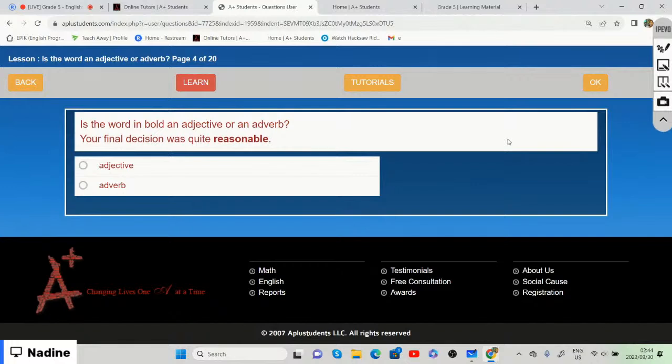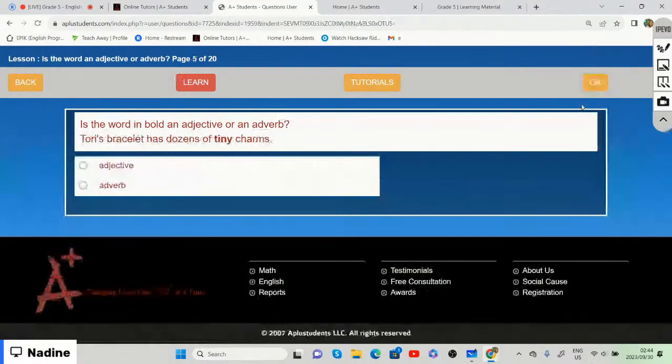Reasonable, is it an adjective or an adverb? All right, so we will say reasonable is an adjective, right? Because reasonably would have been an adverb. So reasonable is an adjective.